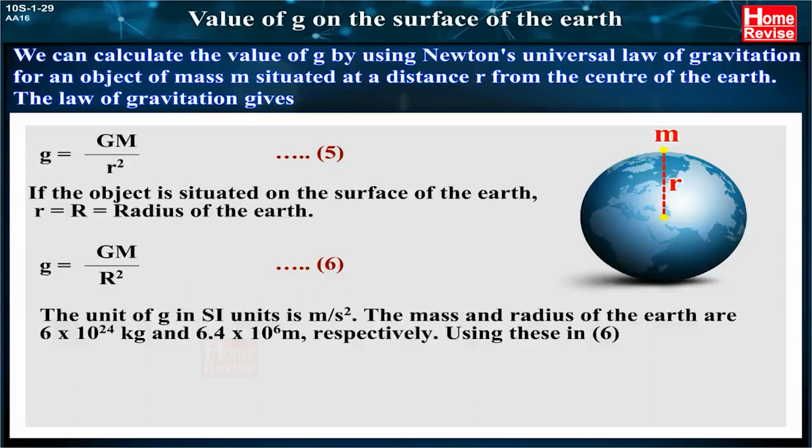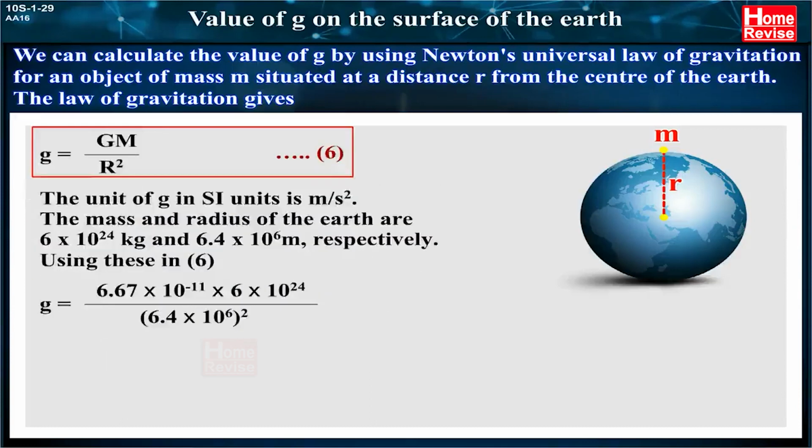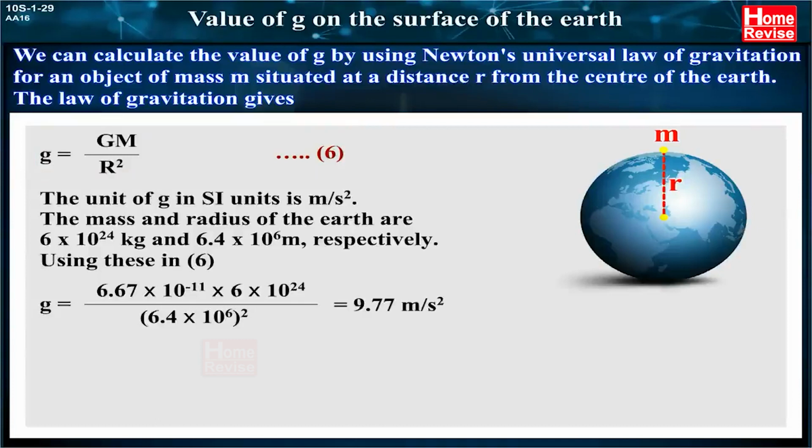The mass and radius of the Earth are 6 into 10 raised to 24 kg and 6.4 into 10 raised to 6 meters respectively. Using these in equation 6, g is equal to 6.67 into 10 raised to minus 11 into 6 into 10 raised to 24 upon 6.4 into 10 raised to 6 whole squared. So g is equal to 9.77 meter per second squared.